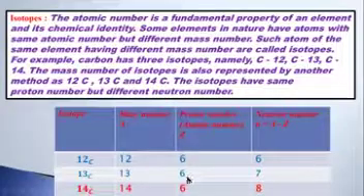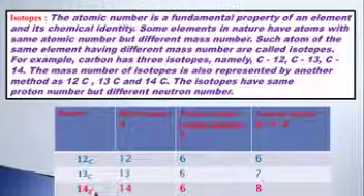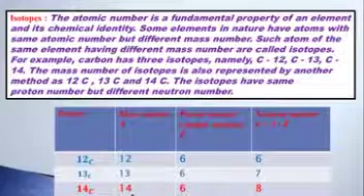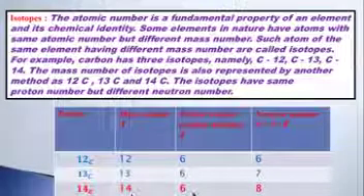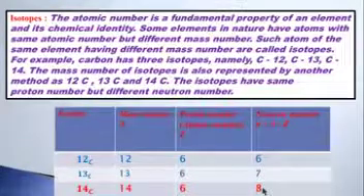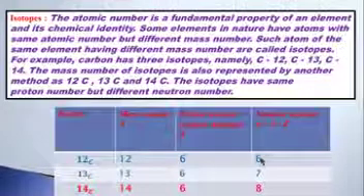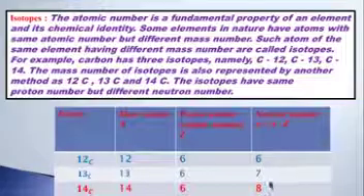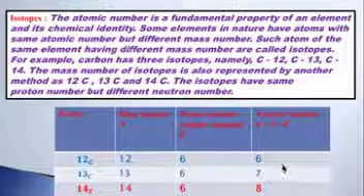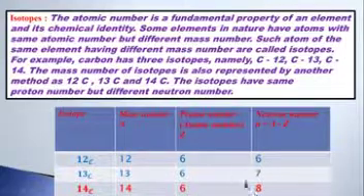Here number of protons 6, but number of neutrons 7. 14C, here mass number 14, number of protons 6, but number of neutrons 8. Means same number of protons present, but different numbers of neutrons present in that particular atom, and therefore these are isotopes of carbon.